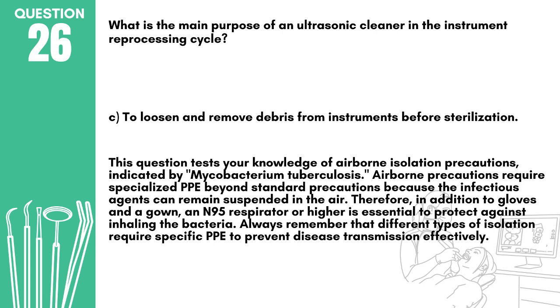This pre-cleaning step is vital before sterilization because any remaining organic matter can protect microorganisms from the sterilization process. It does not sterilize, lubricate, or dry instruments. For example, after a procedure, contaminated instruments are placed in the ultrasonic cleaner for several minutes before being rinsed, dried, packaged, and sterilized. Always remember that the ultrasonic cleaner is for getting instruments clean, not sterile.